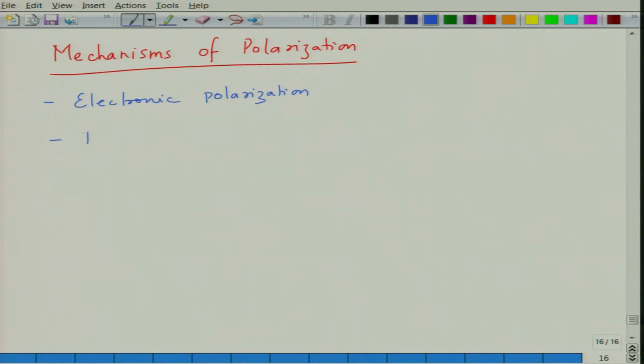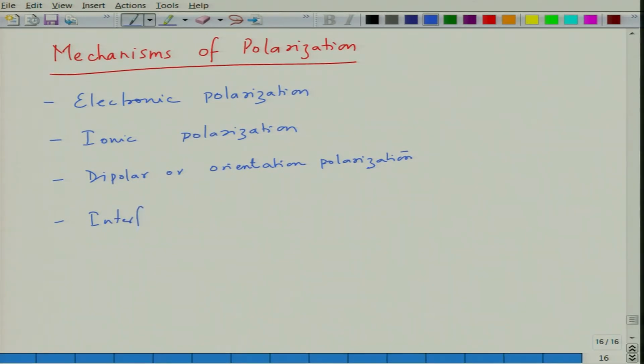The second one is called ionic polarization. The third one is called dipolar polarization, or we can say orientation polarization. And the fourth one is called interfacial polarization.